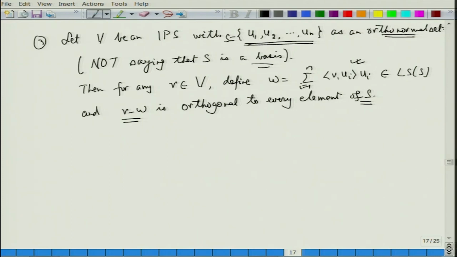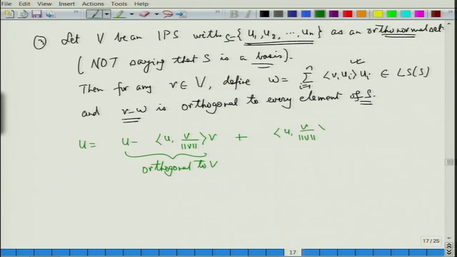So it is similar to, recall what we had, that I had a projection. We wrote U as U minus (U comma V divided by length of V) into V. This was orthogonal to V, plus we had U comma V upon length of V into V. This was the projection of U on V. So understand it nicely.